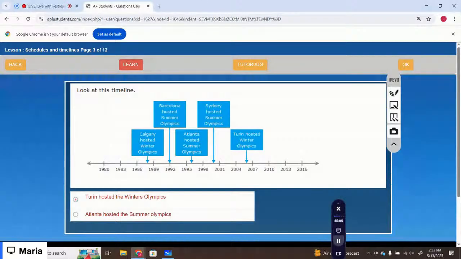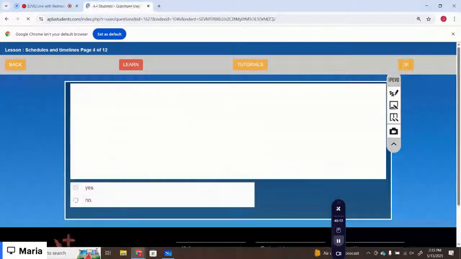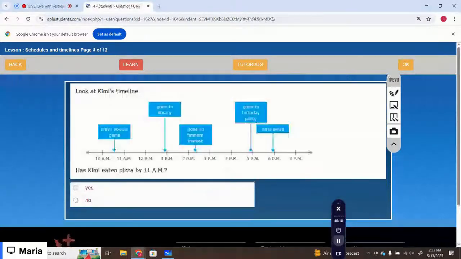Option number one is the correct option. Look at Kimmy's timeline.